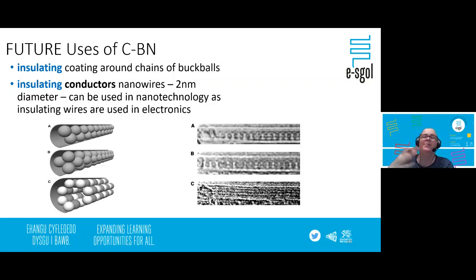Well, in the future, and it's been developed more and more as we go on, they're being used as insulating coatings around chains of buckyballs. So leading back to another allotropic form of carbon, the buckminsterfullerene one. And it's also being used as insulating conductors for nanowires, which are in the region of about 2 nanometers in diameter. So very exciting future development of these materials, I'm sure.